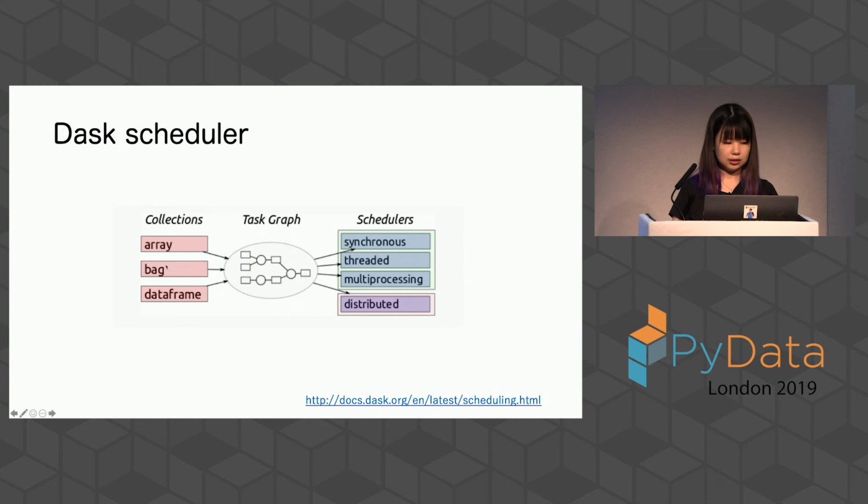When the Dask application runs, the objects are array, bag, and data frame. We use these objects in our code, and Dask will generate task graphs to run the parallel processing, and the scheduler will use synchronous threads, multiprocessing, or distributed.